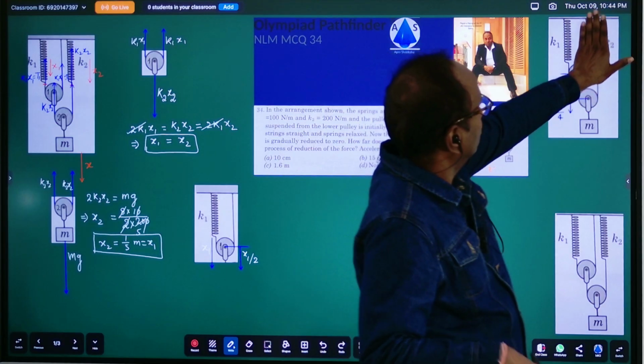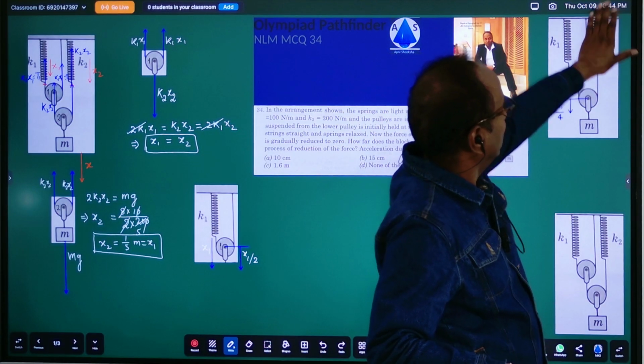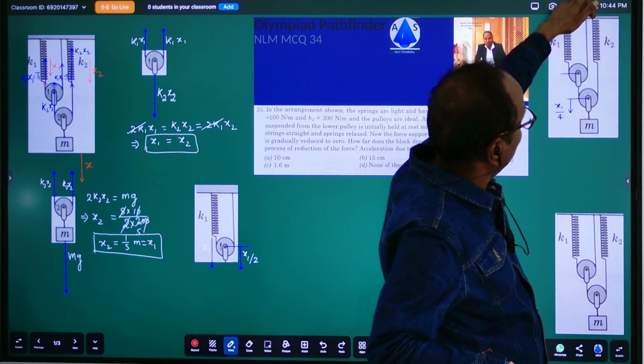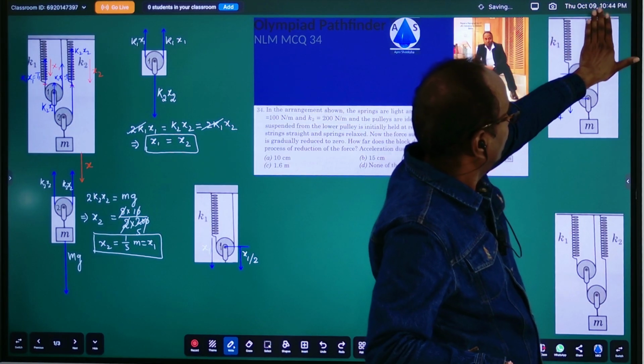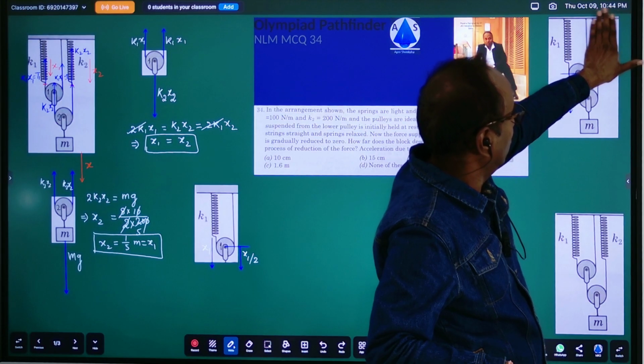Assuming that there was no spring here, it was an inextensible thread through and through. So this part we are ignoring right now.